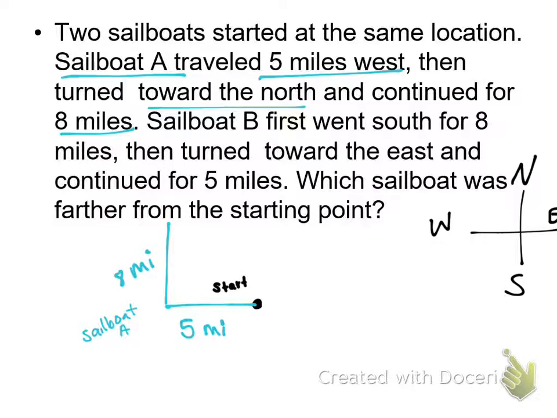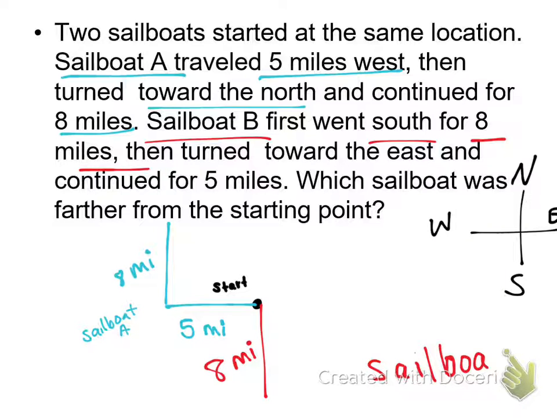Sailboat B went 8 miles south. So that would be down. And then went east for 5 miles, so to the right for 5 miles.